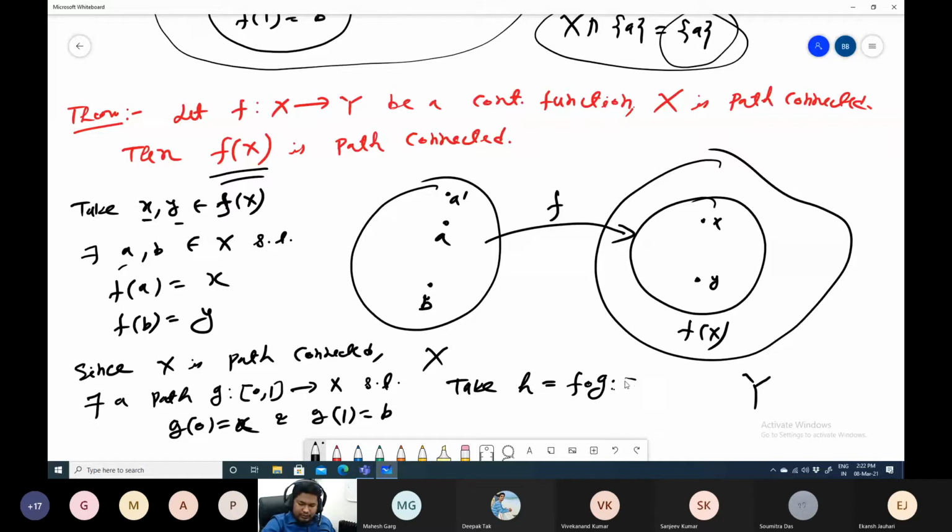Now this is a path from [0,1] to f(X). Right, now you can check that h(0) = f(g(0)), and g(0) is a, so that is x, and h(1) = f(b), that is y.